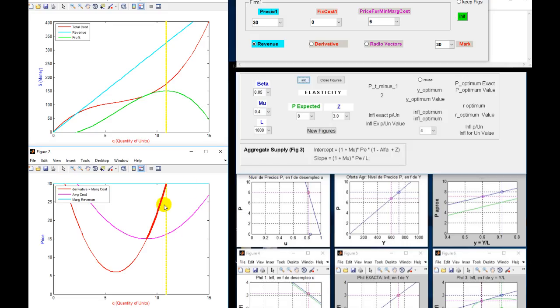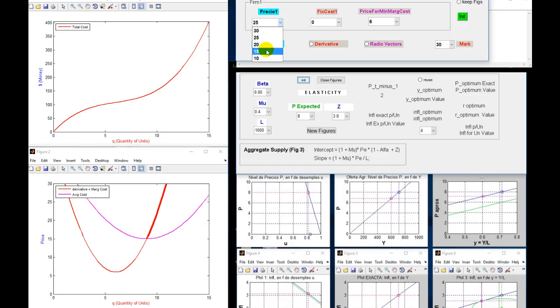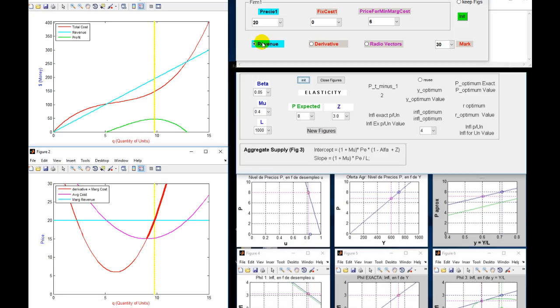Okay, now another interesting thing that we can see is that if the price is 20, then this company is getting this profit. This profit is if it managed to sell this quantity of units. So for the price 20, the quantity supplied is this value.